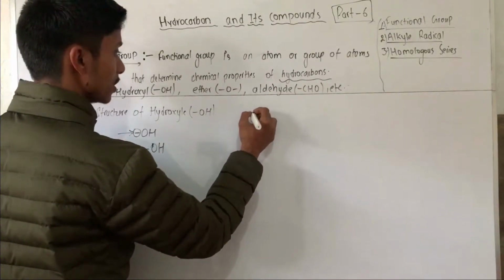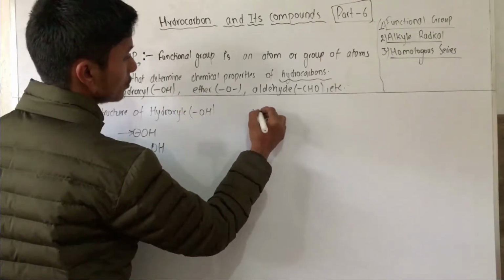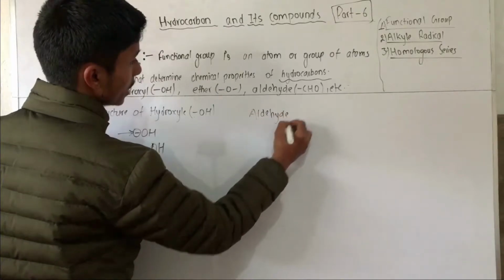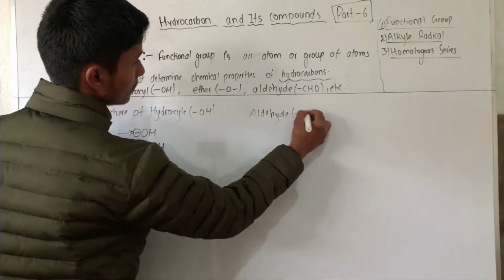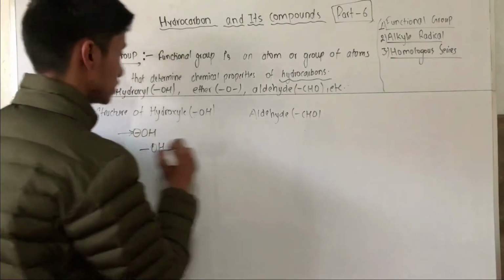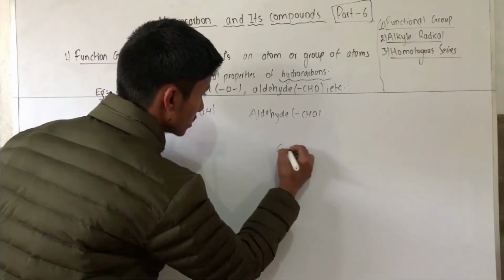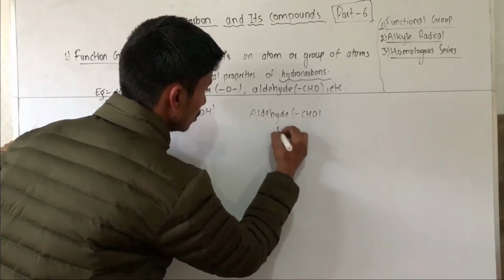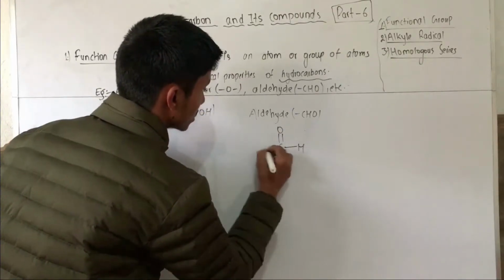For the structure of aldehyde, its symbol is CHO, and its structure is C double bond O and single bond H, like that.